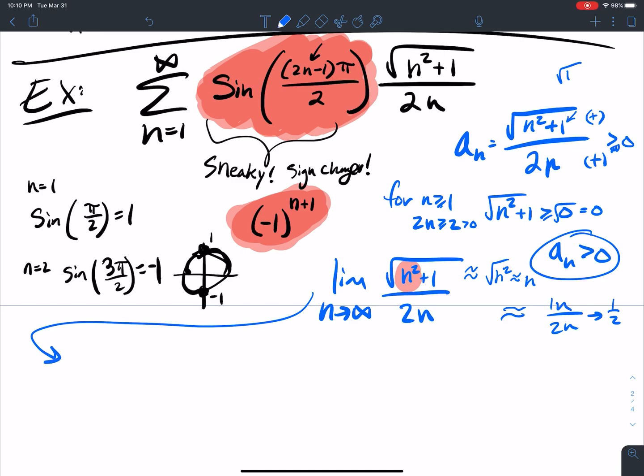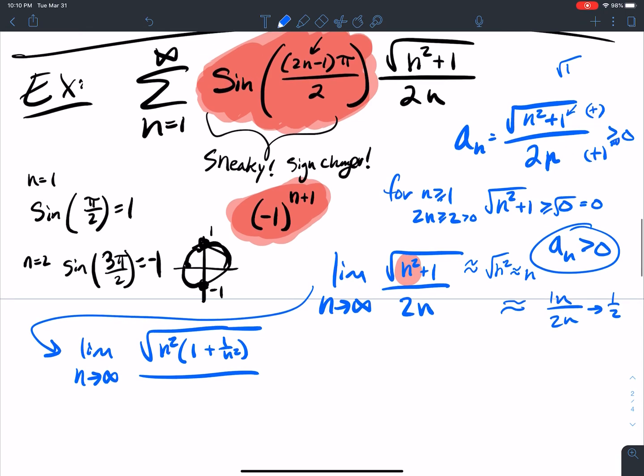So let's do some math. What I can do in the numerator is factor out an n squared from both terms. Okay, so I'm going to pull an n squared out of both. I have 1 plus 1 over n squared. All right, that's a pretty good factoring trick. It helps because since we're talking about n going to infinity, what's inside the radical is positive, so you can actually break that up into two pieces.